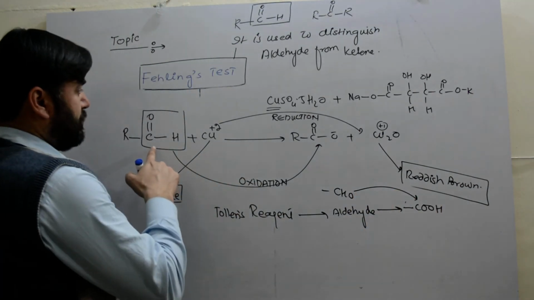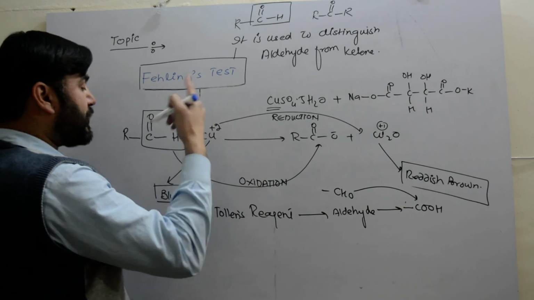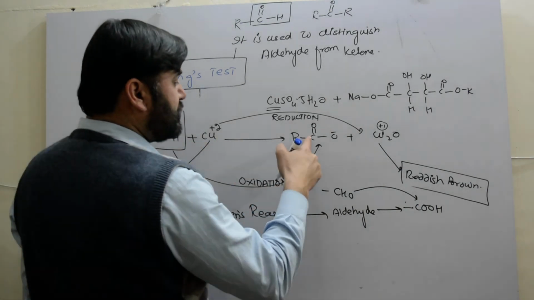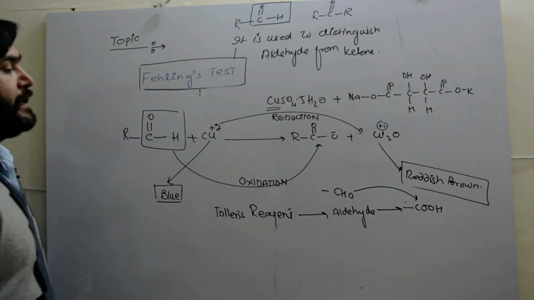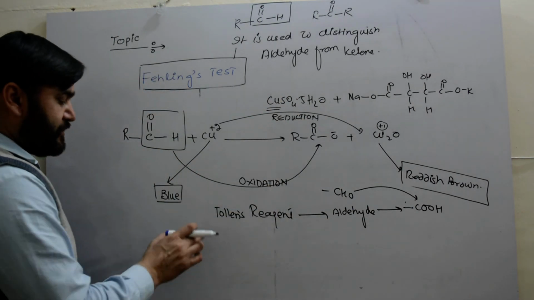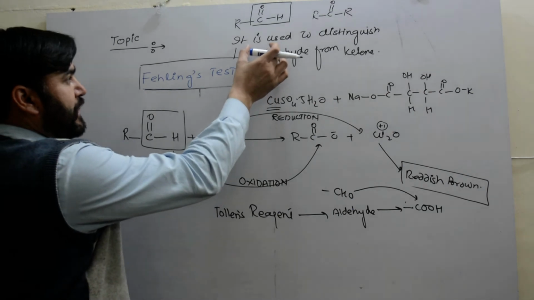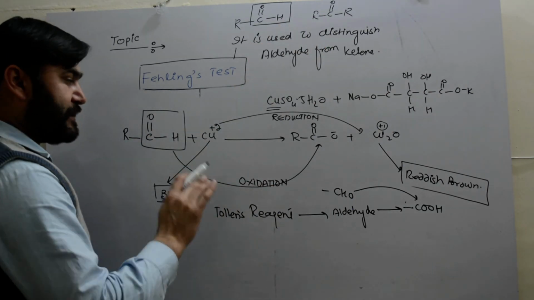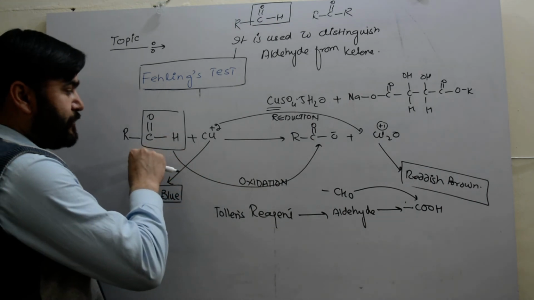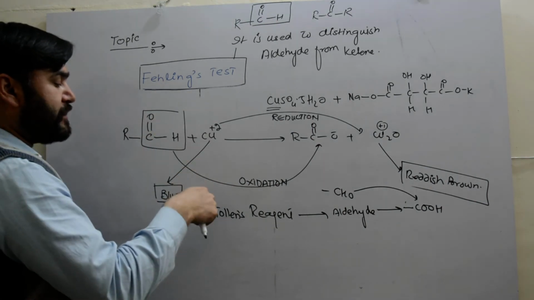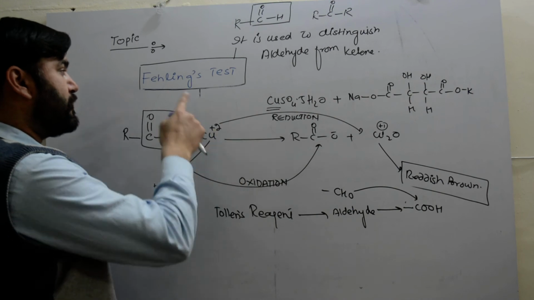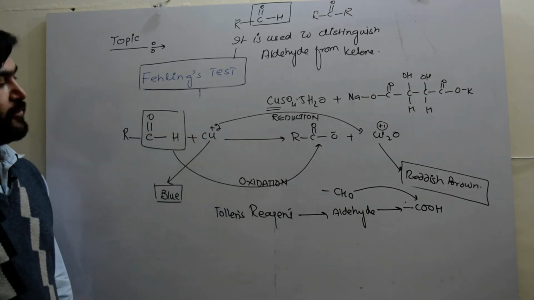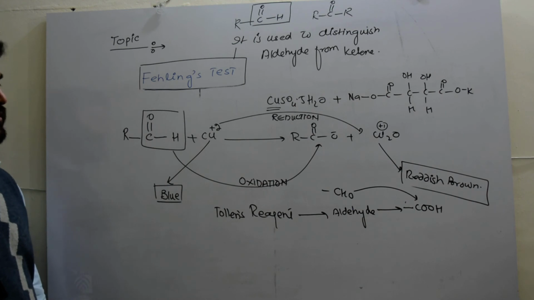In Fehling test it is also changed to RCOO negative. It means it is a test which is used to distinguish any aldehyde from ketone. This is a mild oxidizing agent, but aldehyde gives the Fehling test, while ketone does not give the Fehling test. So this is an easy test, you can just distinguish it.